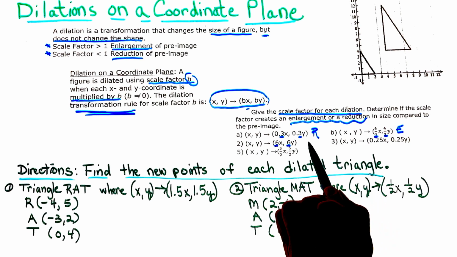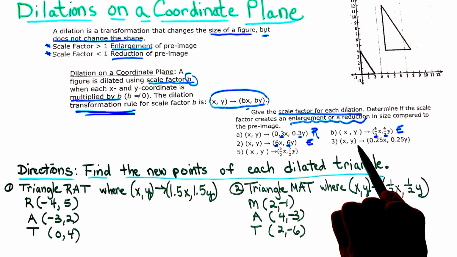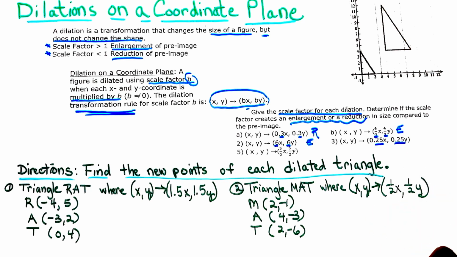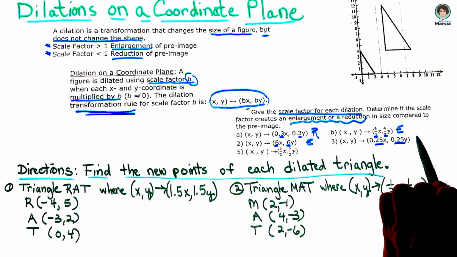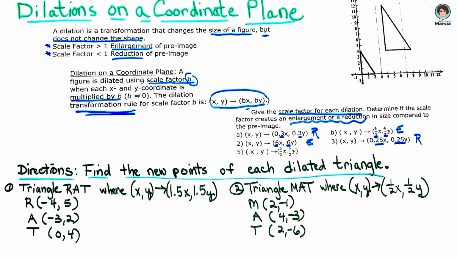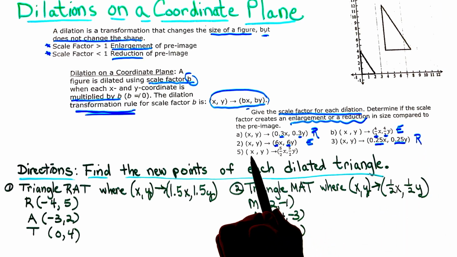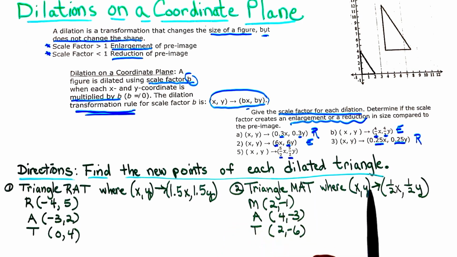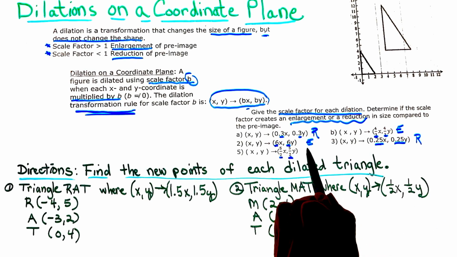That is definitely greater than 1. This is an enlargement. Let's look at the next one. We have our x and y. Our scale factor is only 25 hundredths or 1/4. So that is definitely a reduction. And for the last one, we have our x and a y. It's 5/2 and 5/2. Well, 5/2 is 2.5. So we do know that it is an enlargement.